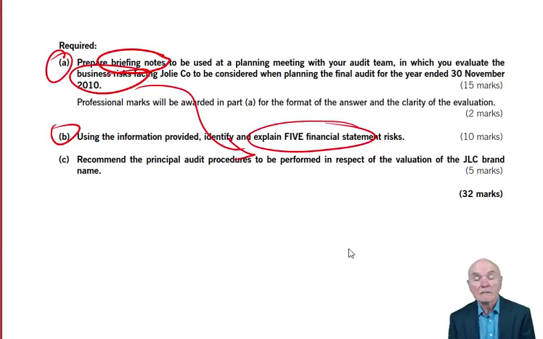And here's where I think we could go back almost to the very first sentence of the question, if I remember correctly, where it said this is the first year of the audit. And one of the results of that is that we have no file from last year. We don't know how the opening balances were actually established.